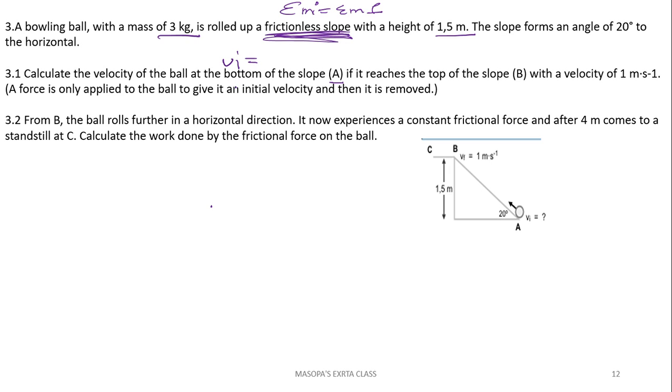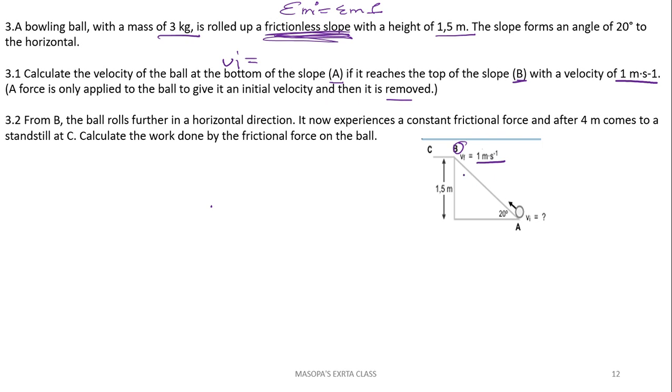Now it reaches the top of the slope B, here is the top, with a velocity of 1 meter per second. Now we have the final velocity. Now they say that a force is only applied to the object to give it its initial velocity, and then it is removed. Okay, it's fine.